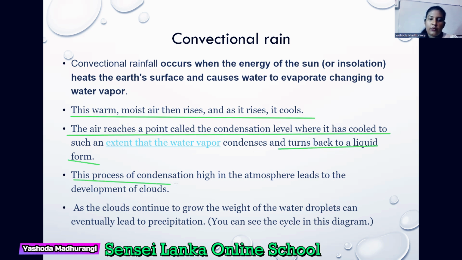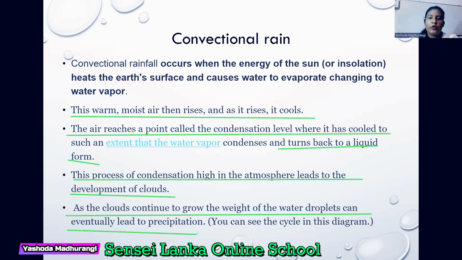This process of condensation high in the atmosphere leads to development of clouds. Remember the water cycle? As the clouds continue to grow, the weight of the water droplets can eventually lead to precipitation. The rainfall starts. That is the way of convectional rain.